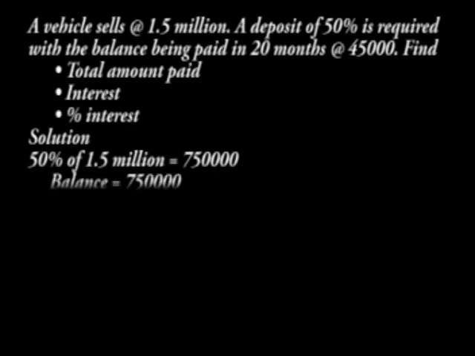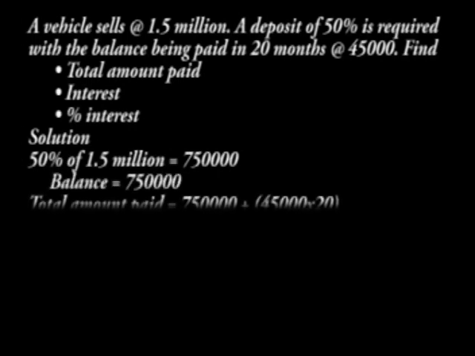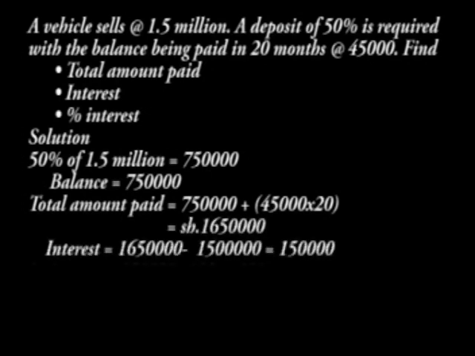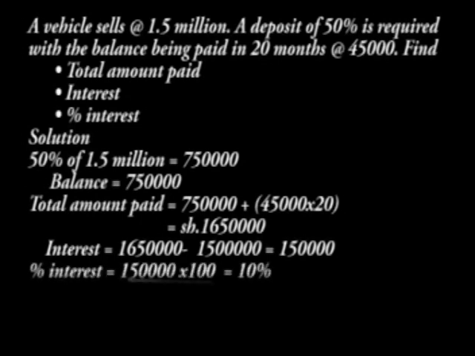This is paid first. The balance is 750,000. The total amount paid will be 750,000 plus 45,000 times 20 months, which gives us a total of 1,650,000. The interest accrued is 150,000, and this represents a 10% profit.